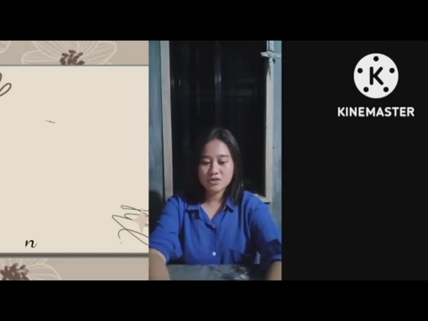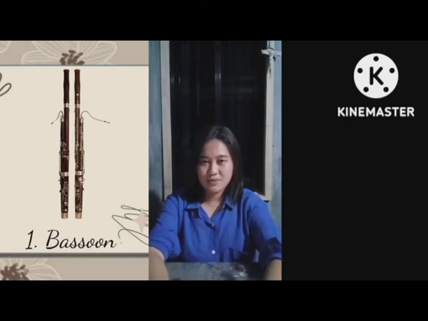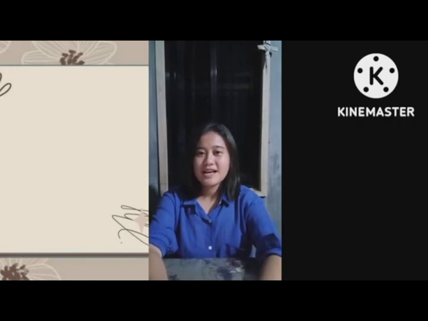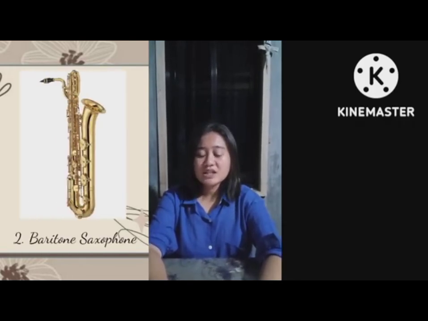First, we have bassoon. It is a woodwind instrument in the double reed family. It is played by pressing the reed between the lips and blowing to sound the instrument. Second, we have baritone saxophone. It is one of the largest members of the saxophone family, and it is the lowest pitch saxophone.